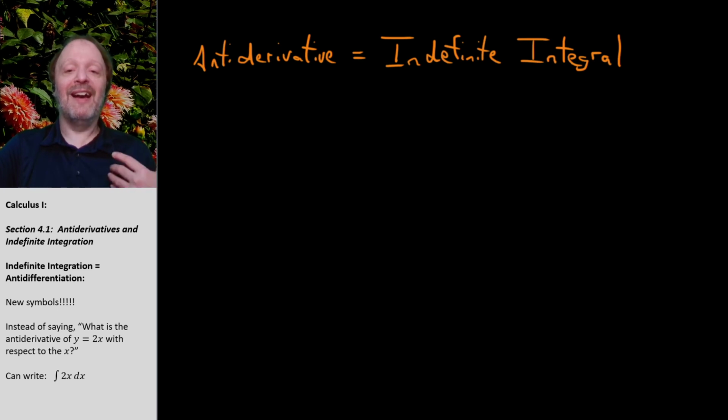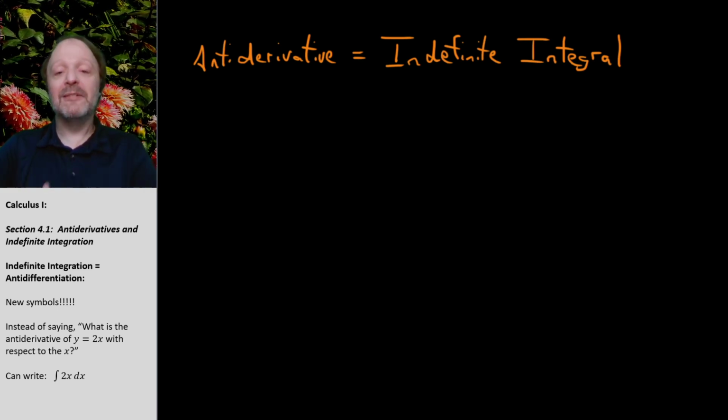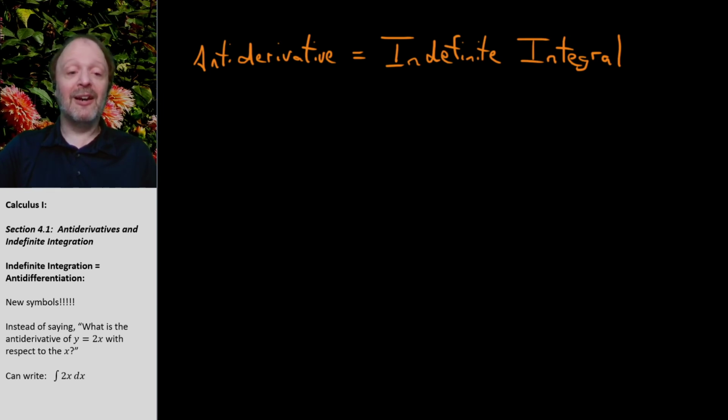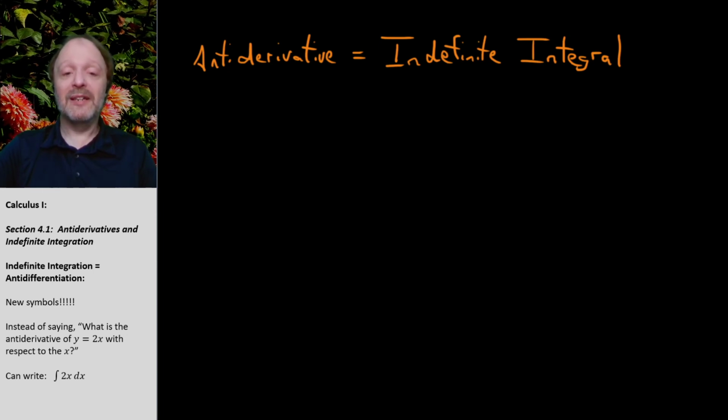but it comes with some new symbols to represent the antiderivative. Way better than saying, what is the antiderivative of y equals 2x with respect to x? That is just a terrible amount to say. So what we've done instead is some shorthand notation.